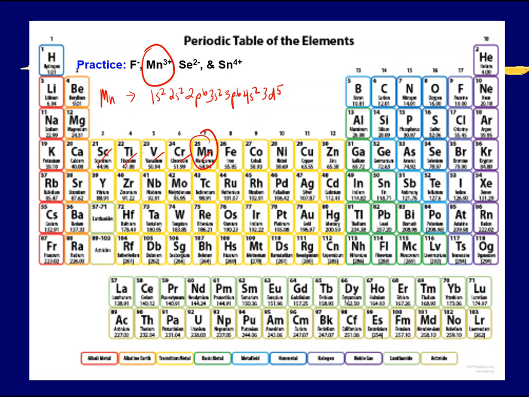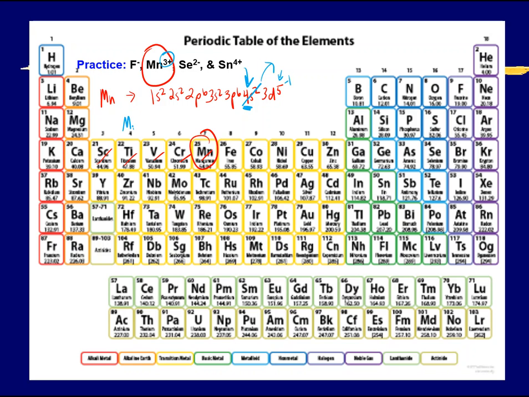The highest principal energy level happens to be this 4 here. We have to remove from the highest energy level first. So these 2 in the 4s are the first to disappear. Then, because we lose 3, we still have to take away 1 from the d block.